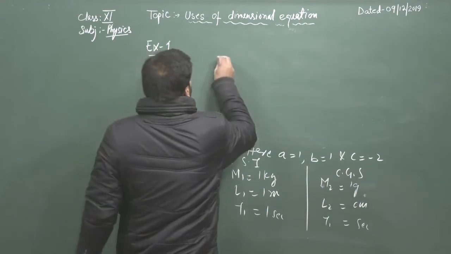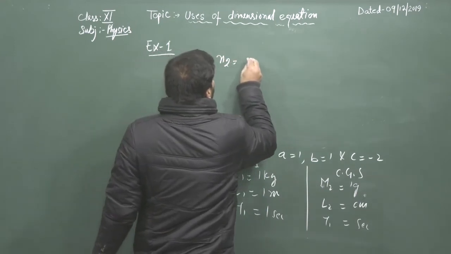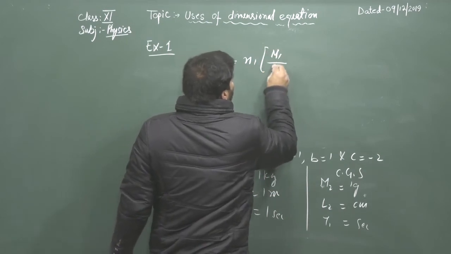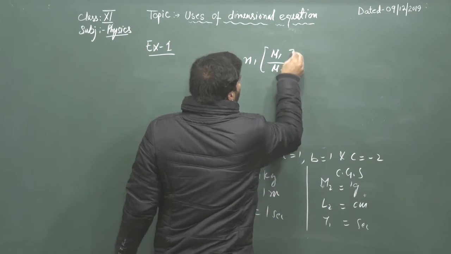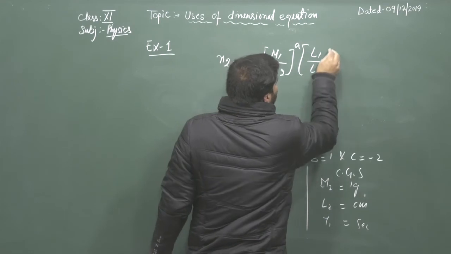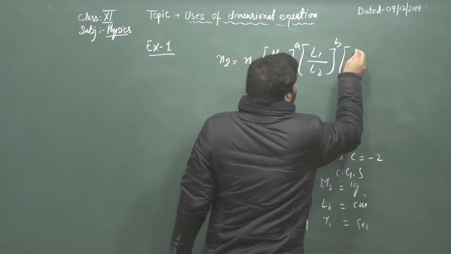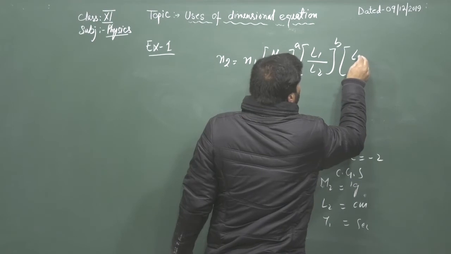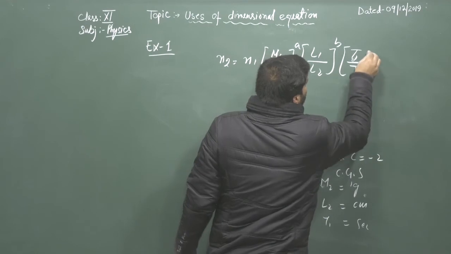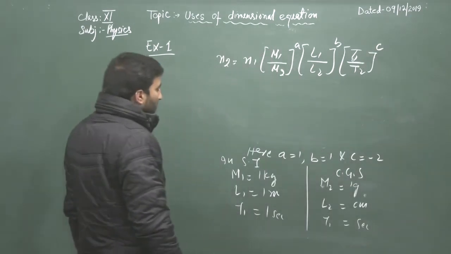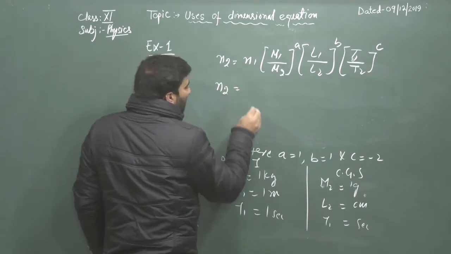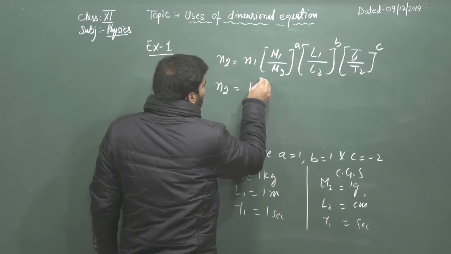The given equation is N2 is equal to N1 (M1 divided by M2) whole raised power A, (L1 divided by L2) whole raised power B, (T1 divided by T2) whole raised power C. Now we have values. N2 is equal to, N1 is 1, so we can write 1.